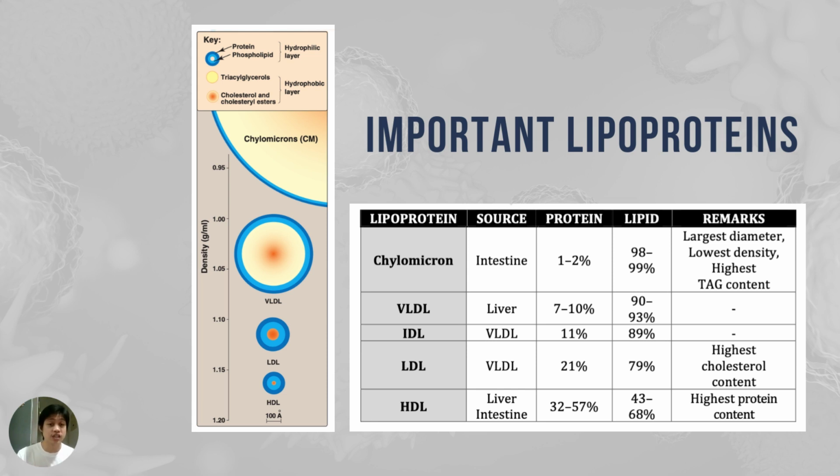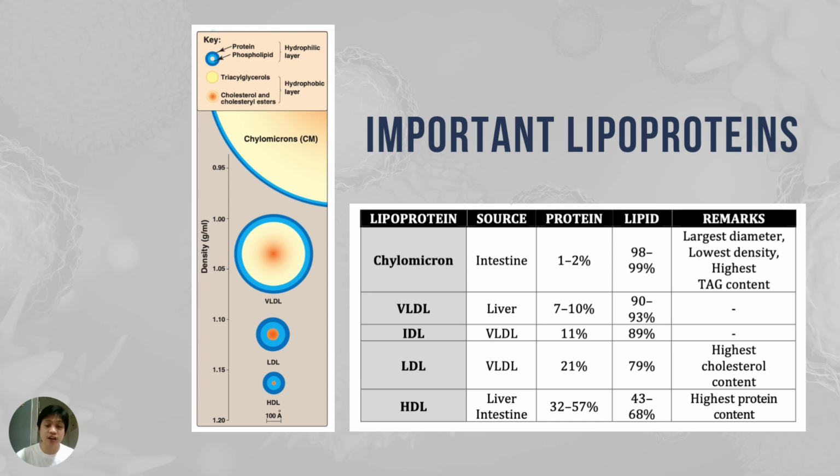And the same thing happens, IDL circulates until we form LDL. Okay? So as VLDL circulates, more and more free fatty acids are removed until you form an LDL where a lot of the free fatty acids have been removed, and what is left would be a molecule very rich in cholesterol. That's why it has the highest cholesterol content.